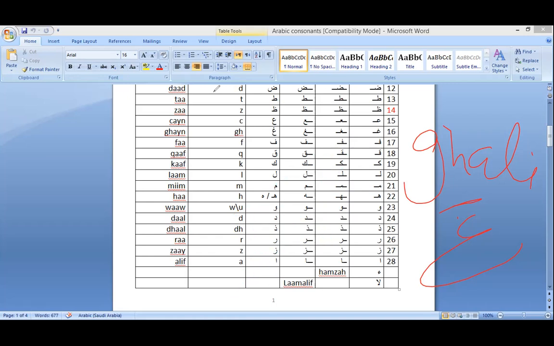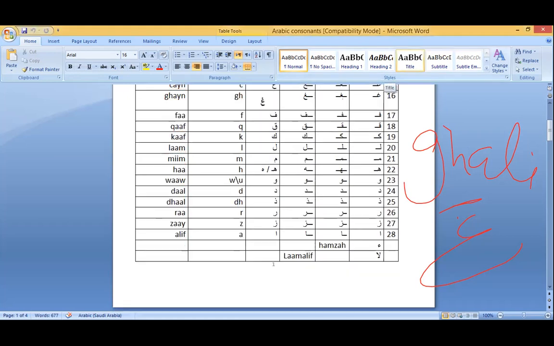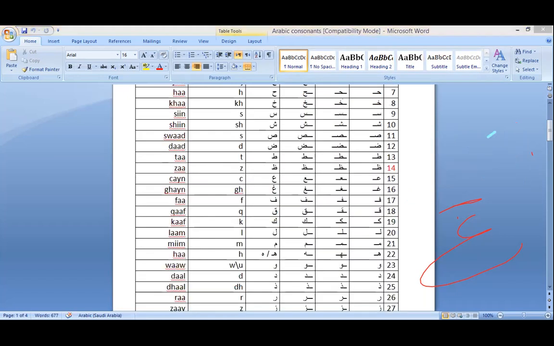So Ghali, it is Gha in Arabic. These two letters, if you look, they look alike, right? A and Gha look alike. The difference is the dots. One has a dot and another one is dotless. So this is A, this is Gha. We said A like Abdi, Aisha, Abdullahi, Usman, and Gha like Ghali.